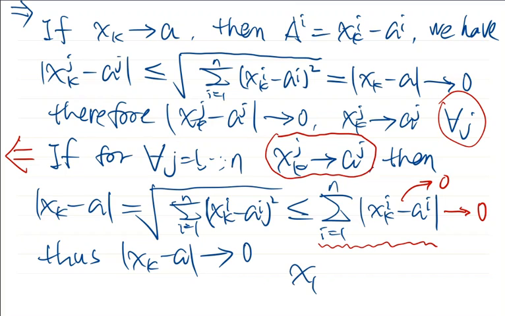That is xk converges to a. So we have proved that if xk converges to a component wise, then xk itself converges to a. Okay. So this theorem is very useful to get the property of convergent sequence in Rn.